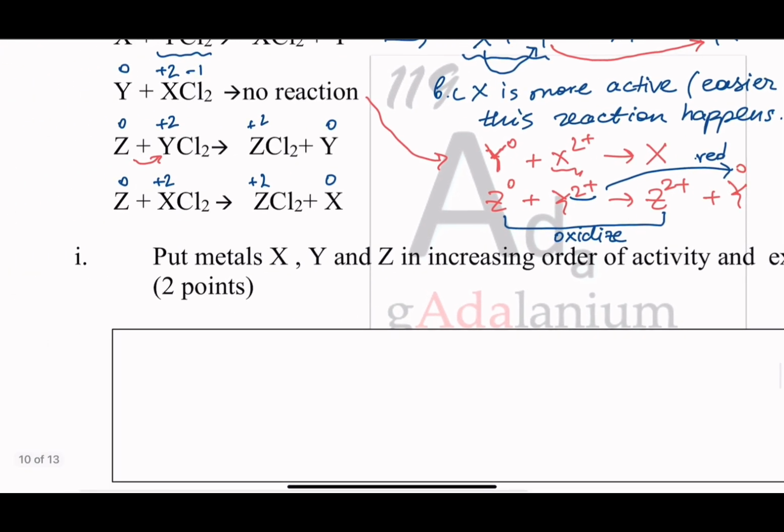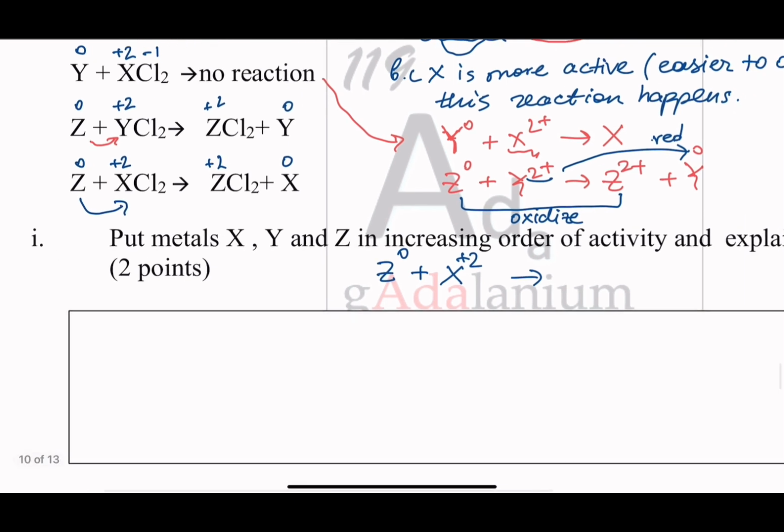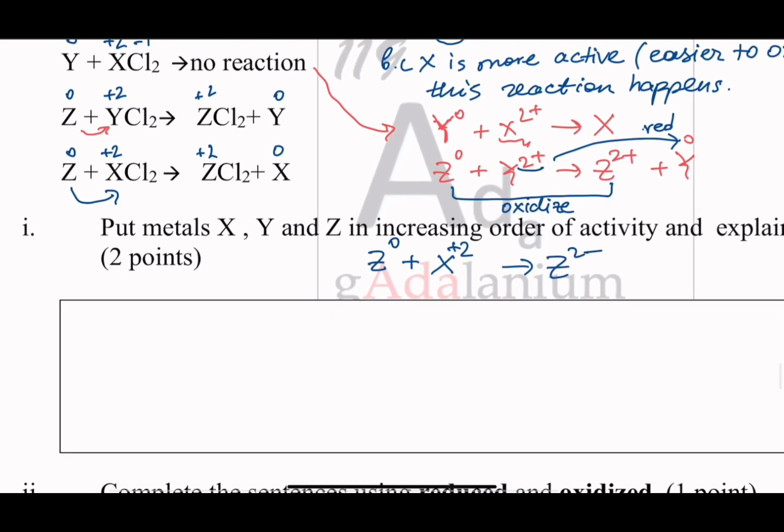And then we check this reaction here, Z and X. Z is reacting with X2+. Here we see that Z kicked it out. That means, in terms of chemistry, Z got oxidized while X got reduced. You can see it from the numbers. Z went from 0 to +2, X went from +2 to 0.